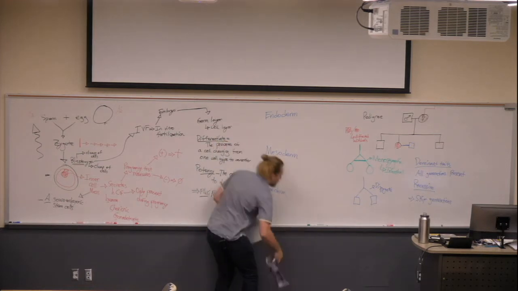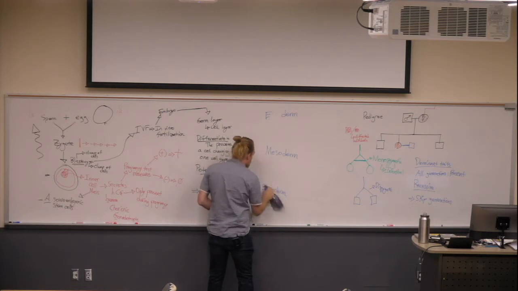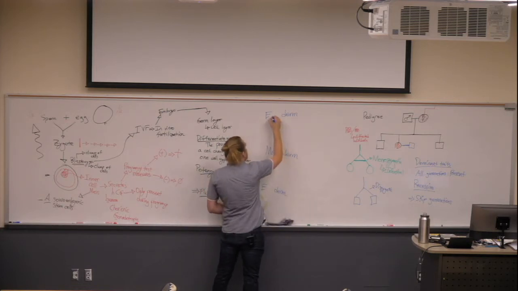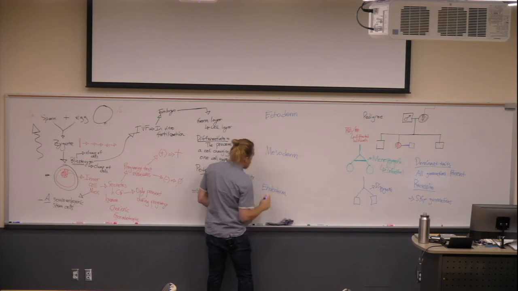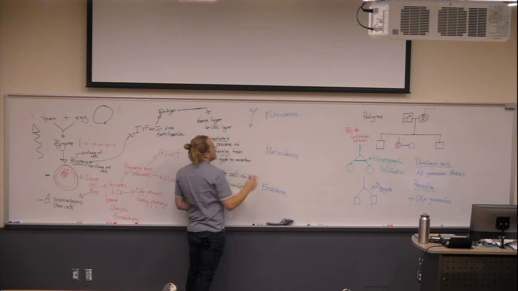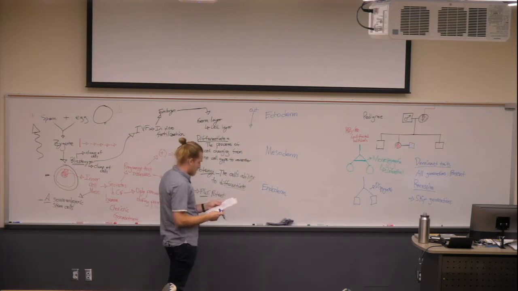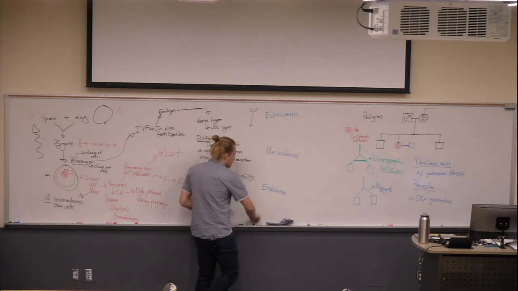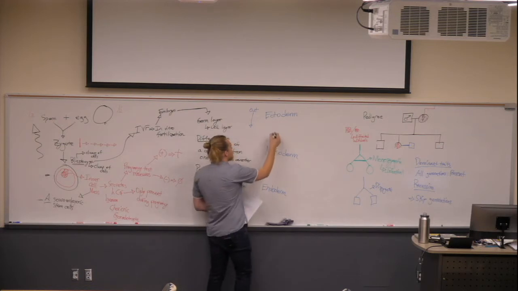Sorry, I'm actually going to change. I'm going to go from the outside in. So I'm going to change endoderm and ectoderm. I'm going from outside in. So the ectoderm, those cells will eventually turn into the following tissue types.